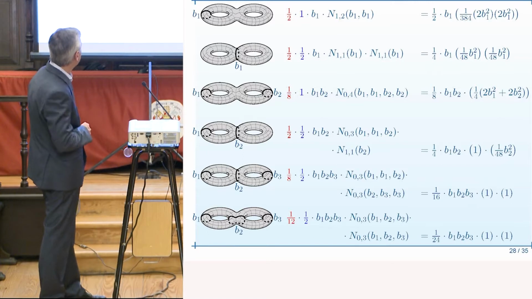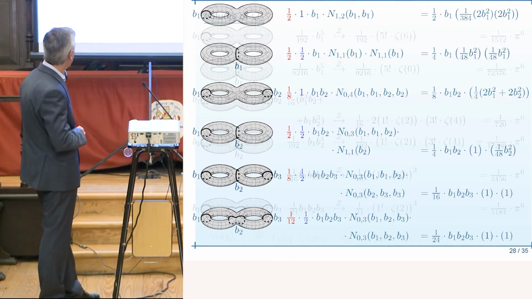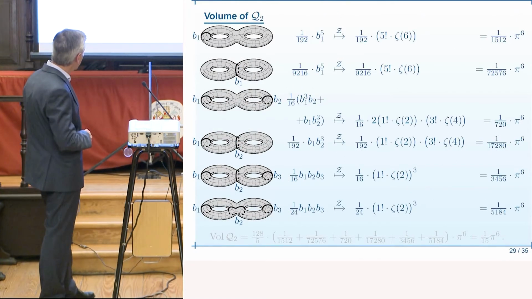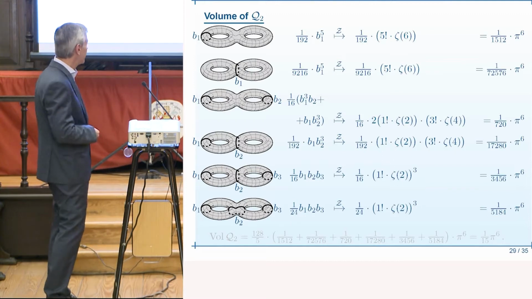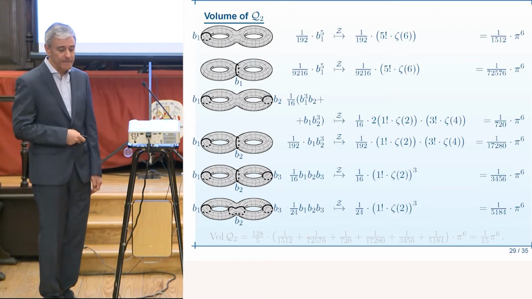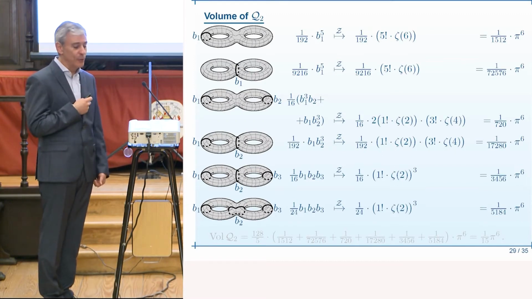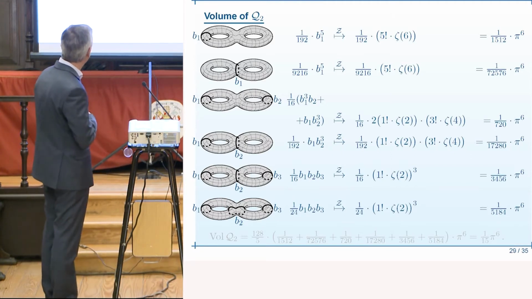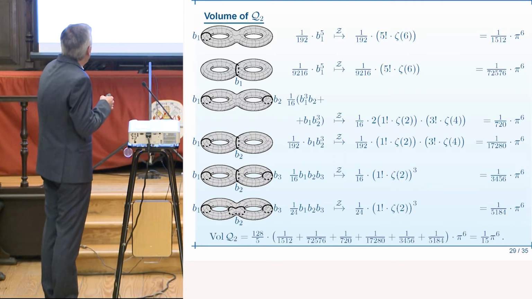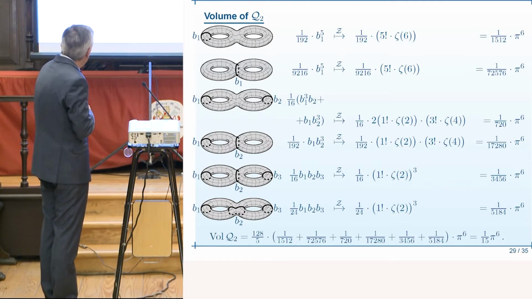So now let us sum up the resulting numbers. Theorem. What we get is the Masur-Veech volume of the corresponding moduli space of quadratic differentials, the principal stratum of quadratic differentials on this genus 2 surface.